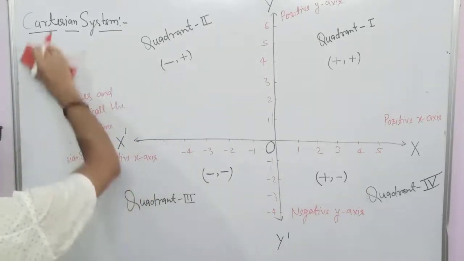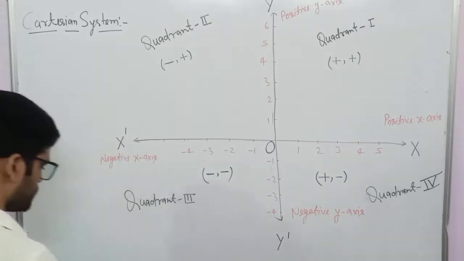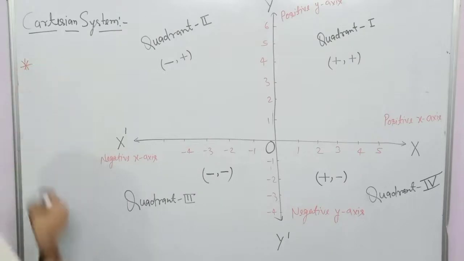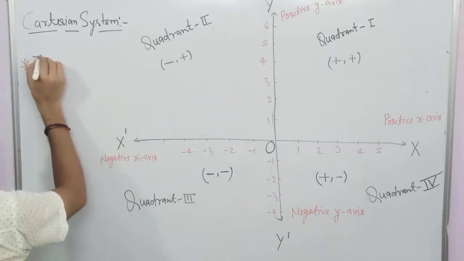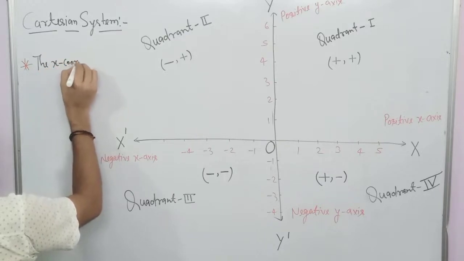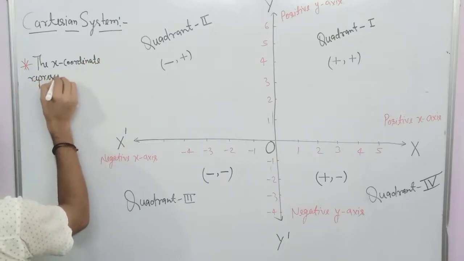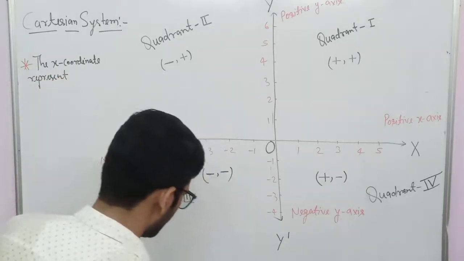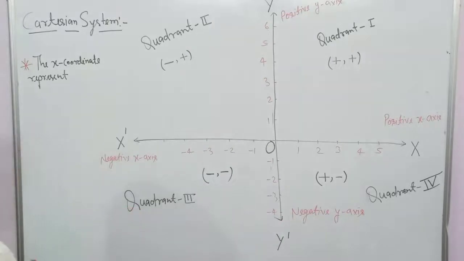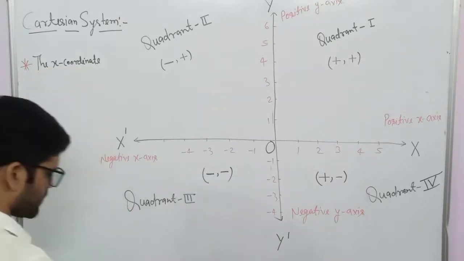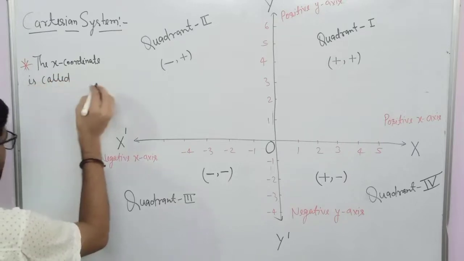Here we write two points, just write them with a star. Star 1: the x coordinate is called abscissa.